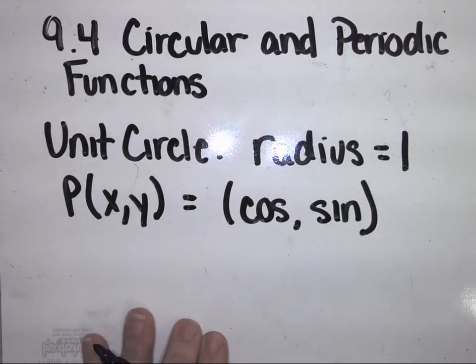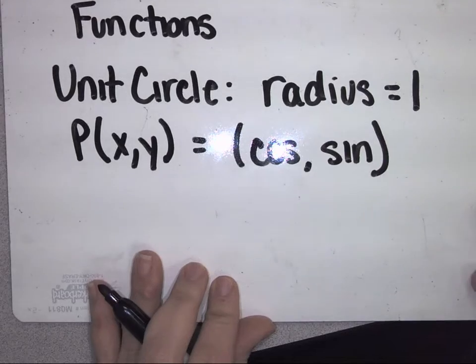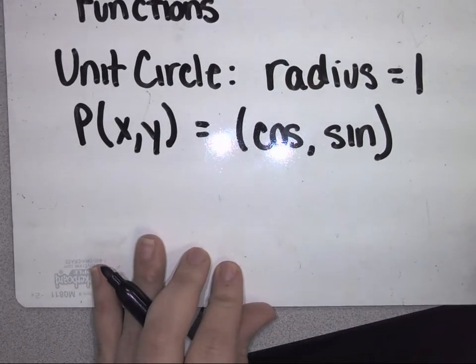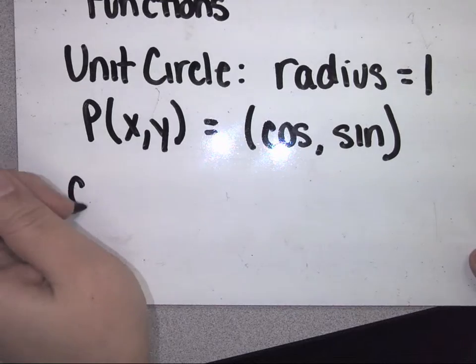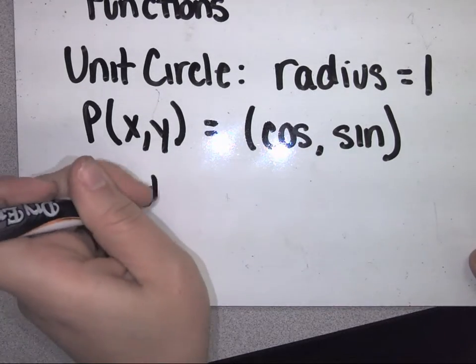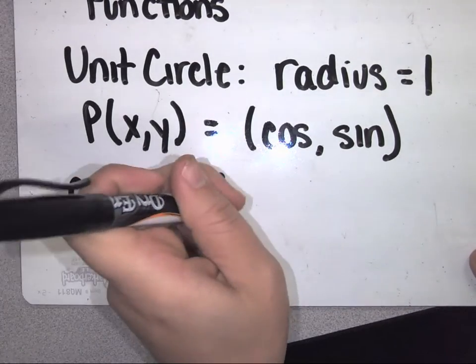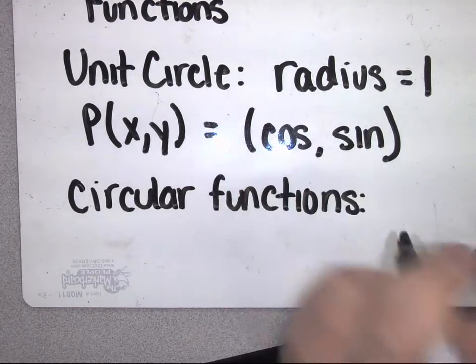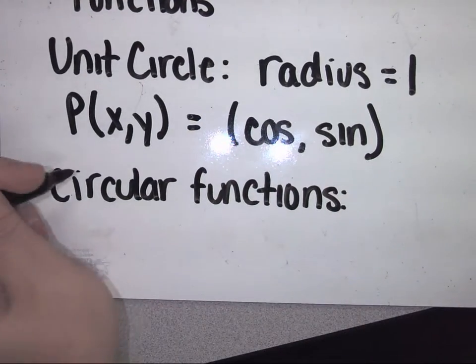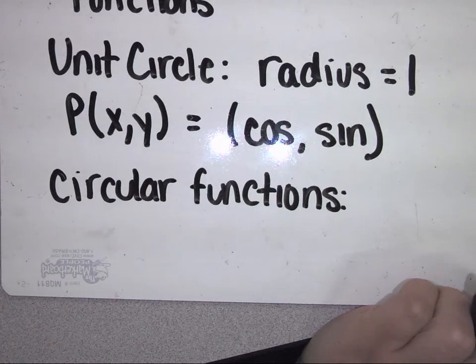And then something really basic and easy, and this is the first part of your homework, which seems really funny, but for circular functions, okay, they are called circular functions because they're based off the unit circle, okay?